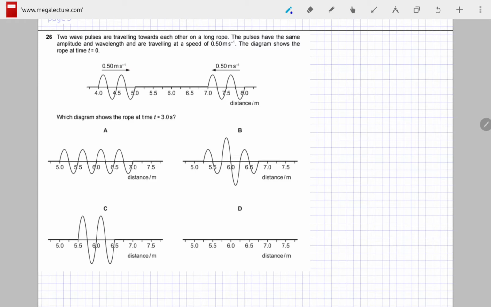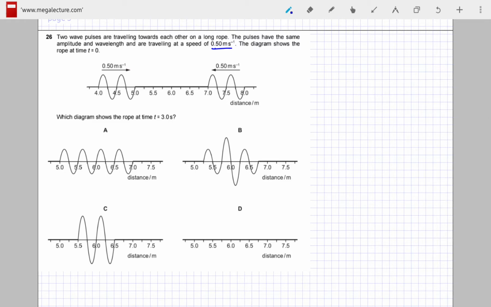Problem number 26. Two wave pulses are traveling towards each other on a long rope, and the pulses have the same amplitude and wavelength and are traveling at a speed of 0.5 meters per second. And this diagram shows the rope at some time t equals 0, right? So initially, and the velocities are shown over here. Which diagram shows the rope at time t equals 3 seconds?